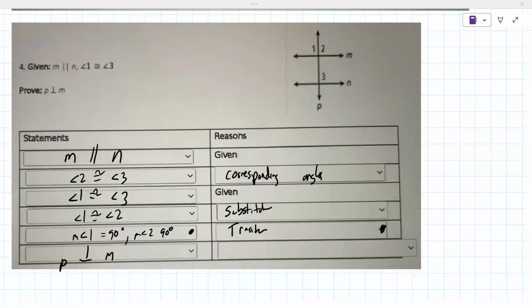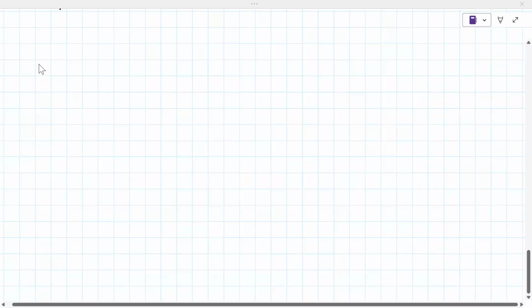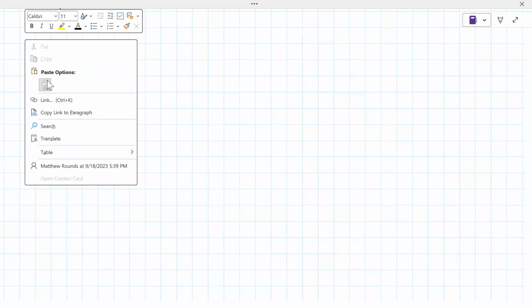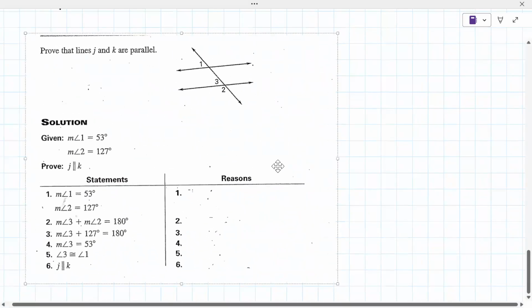Okay, let's go back to some that we were kind of doing earlier. Actually, this one refers to this picture. Okay, here we go. Here's the picture.